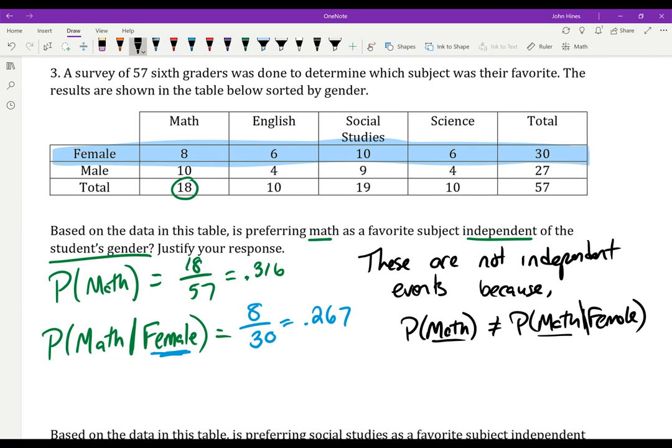So math goes in the front seat both times, but this time I had to condition it with given the female piece. So they are not independent because these two probabilities are not equal.